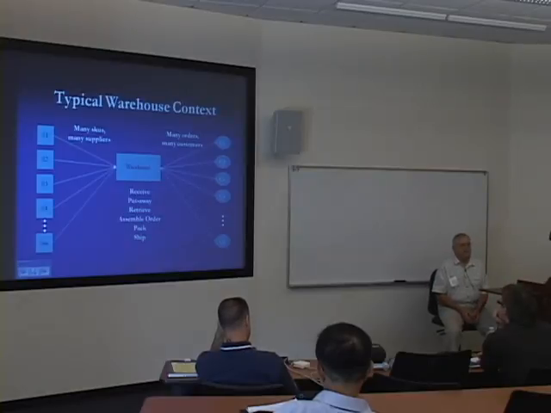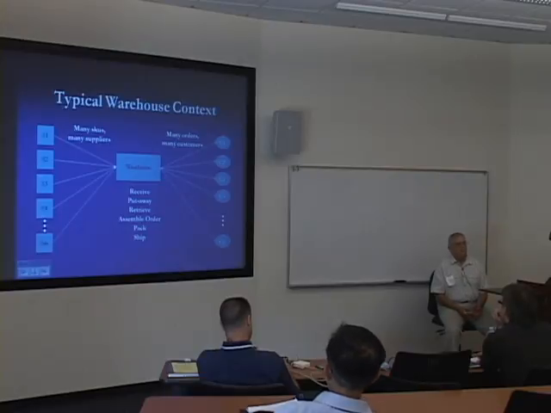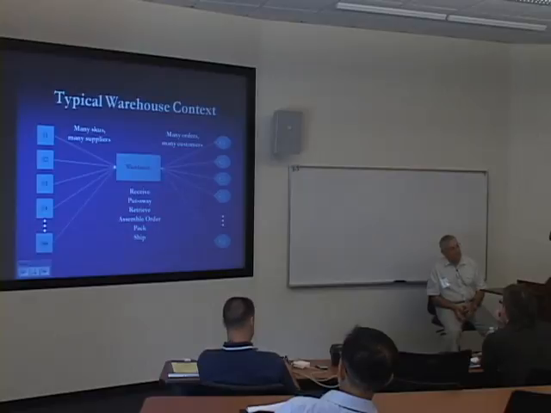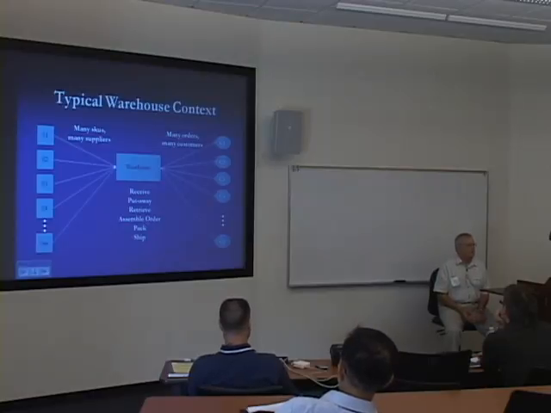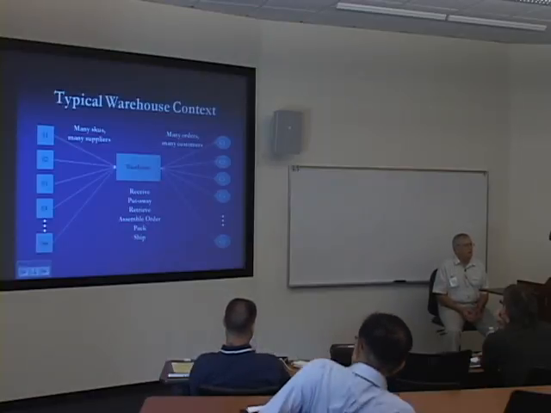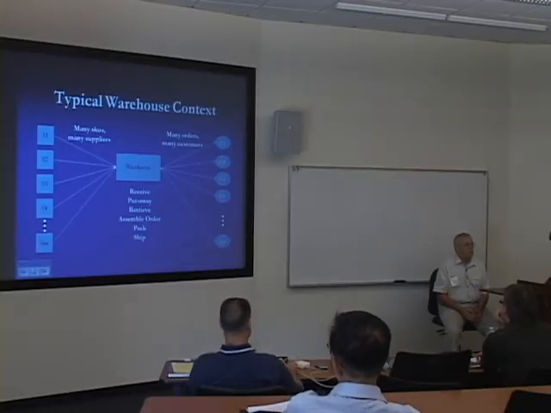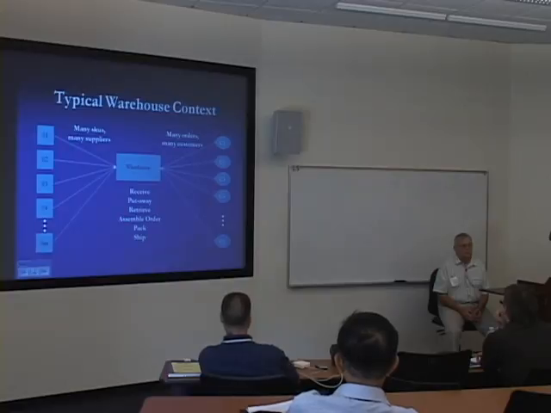There's a set of activities that have to take place in the warehouse for it to do that. We have to receive the goods and make sure we got what we ordered, that we're not accepting an order that's short without making a note of it. We're maybe detrashing things to put them away. We actually do put them away into storage. They stay there for a while. We retrieve them in some fashion. We assemble the customer order, and then we ship it to the customer.